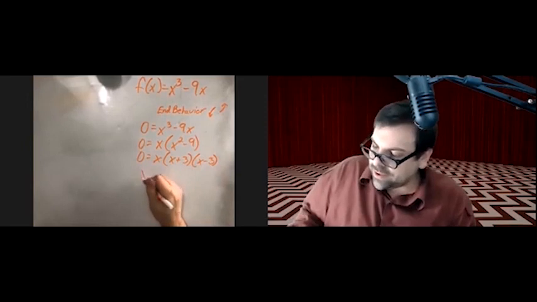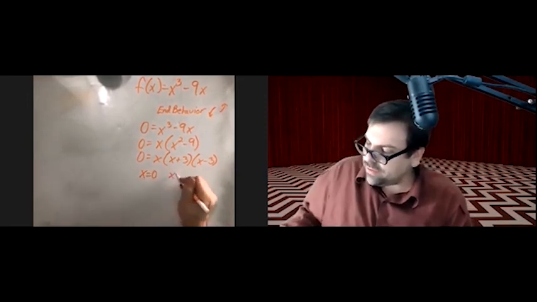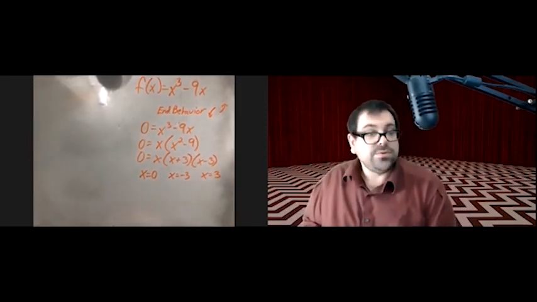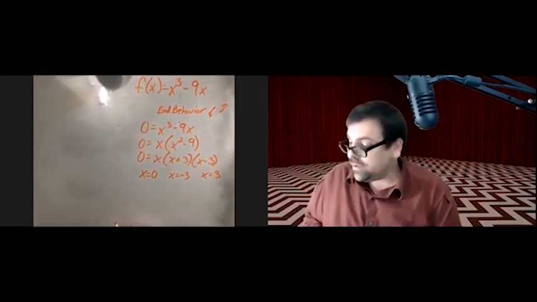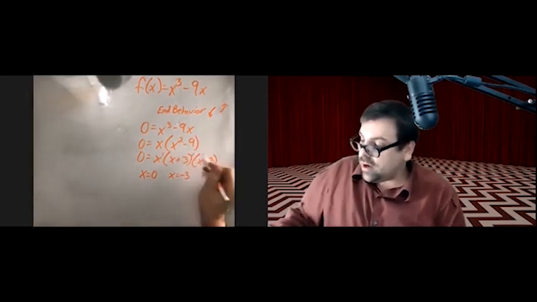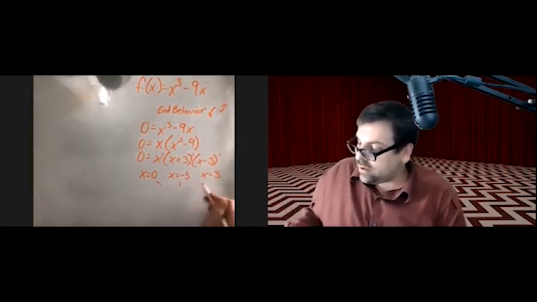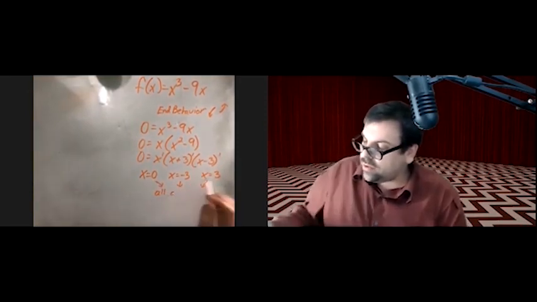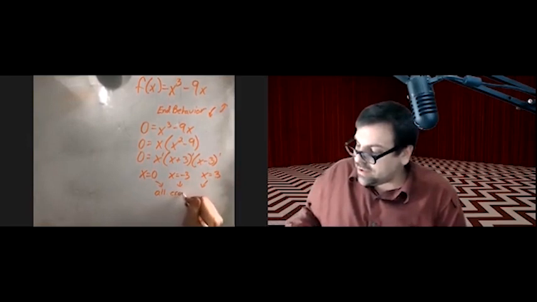These are 3 zeros: x equals 0, x equals -3, and x equals positive 3. They all have multiplicities of 1, so they are all odd multiplicities. They are all cross points.